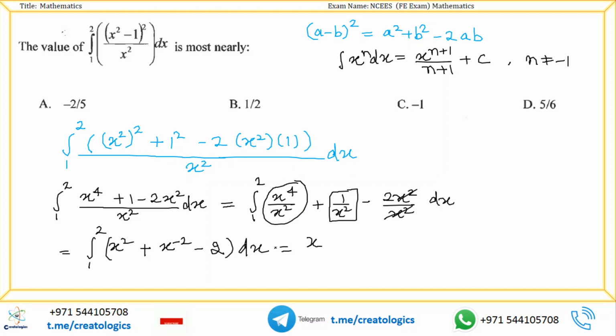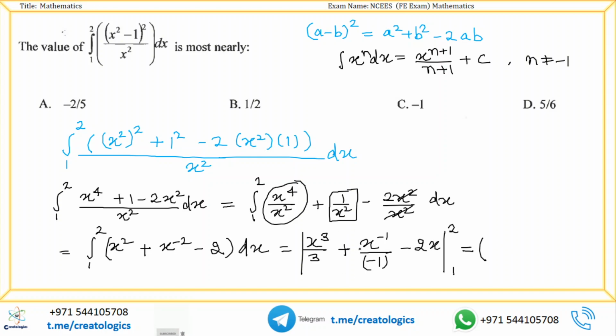What is that? The integral of x squared is x raised to the power 3 by 3. Plus you have x raised to the power minus 2. Its integral will be: add one to the power, which gives negative 1, and divide by that same power, you get minus 1 over x. Then minus 2x. But we have to substitute the limits also, from 1 to 2. Now all you have to do is put the upper limit, 2, everywhere.